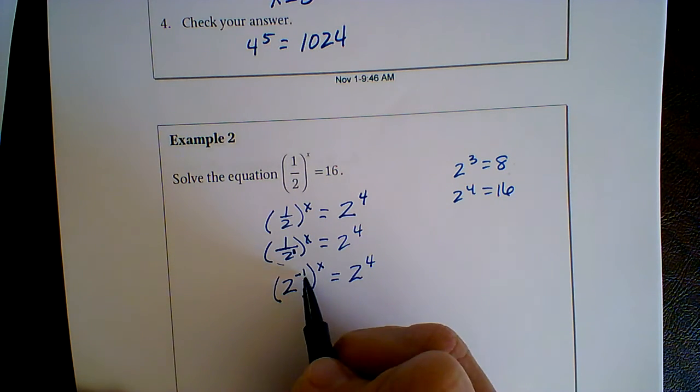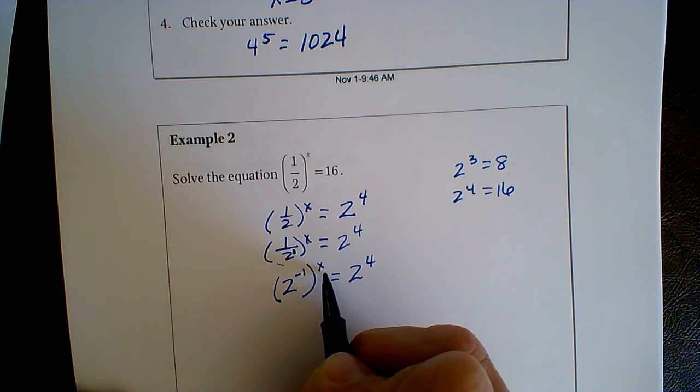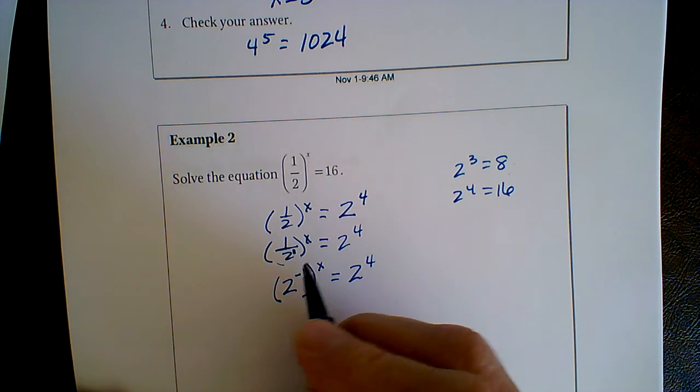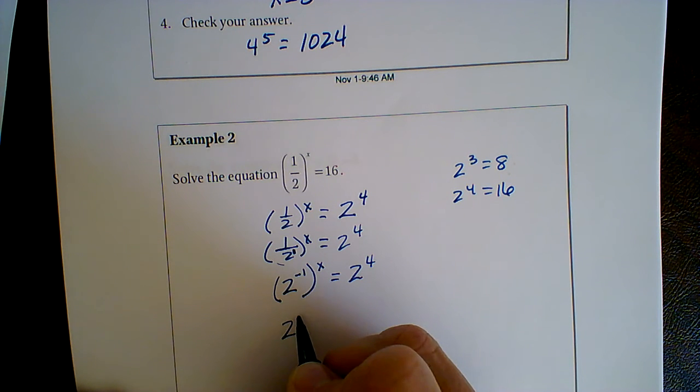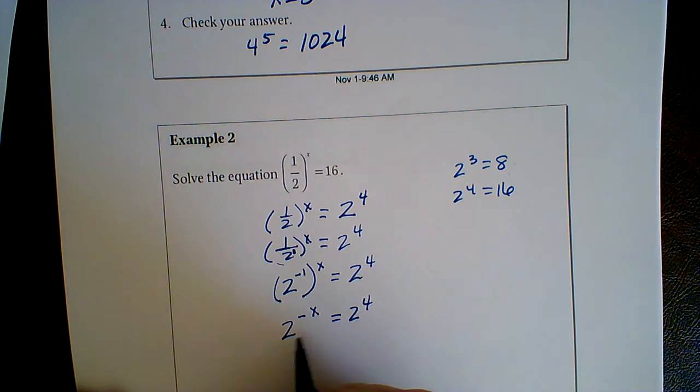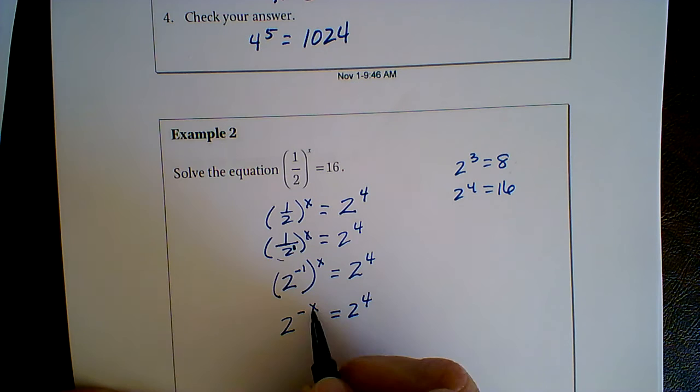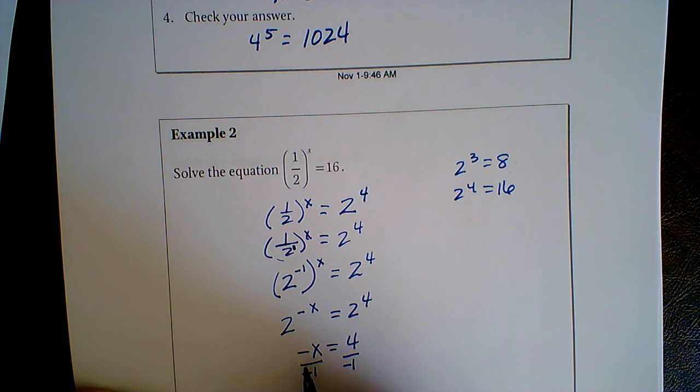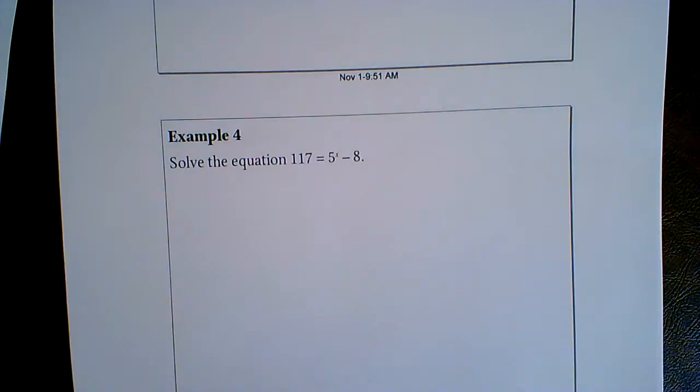Well, I have a power being raised to another exponent, which means I have to multiply my exponents. So this becomes 2 to the -1x is equal to 2 to the fourth. So I have the same base on both sides of my equation, so I can equate my exponents. So -x equals 4. I need to find what positive x is, divide both sides by -1, x equals -4.